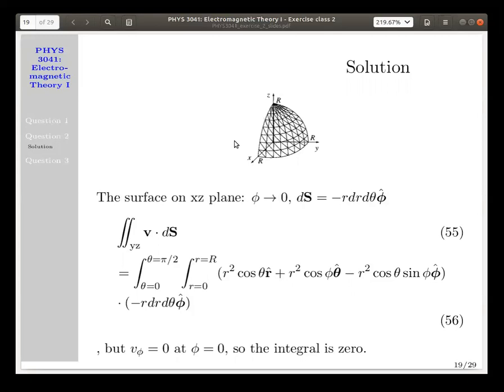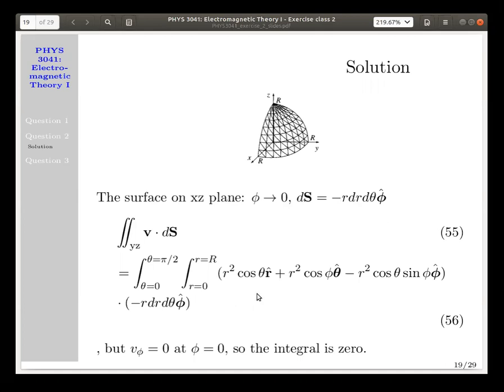And when you consider the orientation of the phi hat here, which is pointing along the tangent into this direction, then for the normal vector here, it has to be minus phi hat. So that's why we have the minus phi hat here.